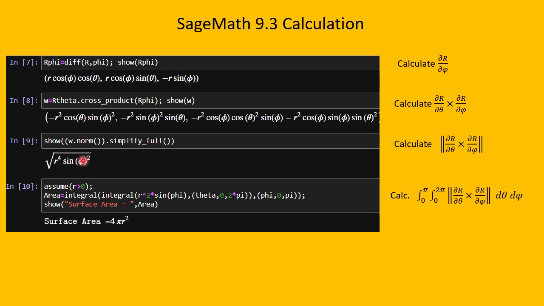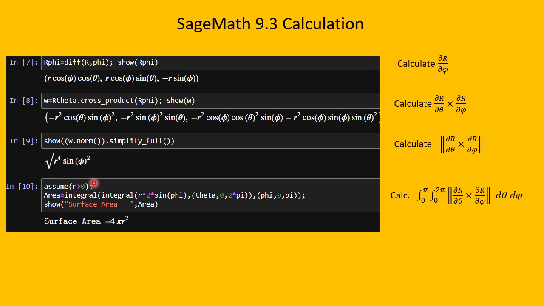Phi, remember, is between 0 and pi. And so the sine of phi is not negative. It's non-negative. So the square root of the sine squared of phi is just going to be sine of phi. The square root of this other factor, r to the fourth, is going to be r squared. So this actually simplifies in our particular problem to r squared times sine of phi.